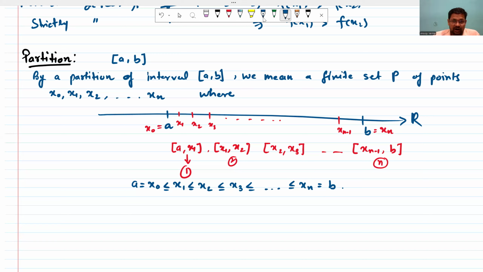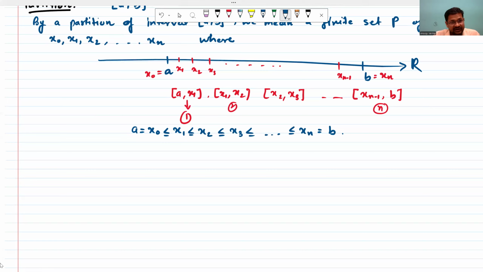Okay, so how many points are there in this partition? You can see we are starting from x naught and going up to xn. So there are n plus 1 points in this partition. So you can say the partition P consists of n plus 1 points.